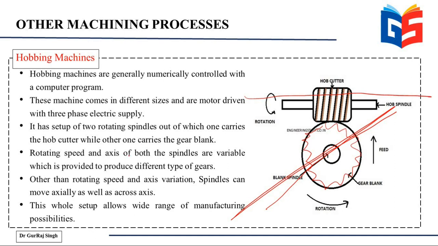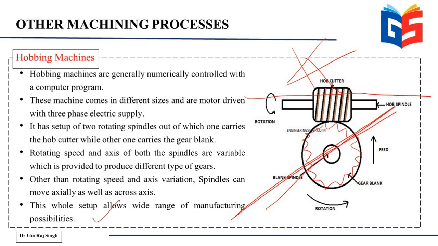The rotating speed and the axis of both spindles are variable, to produce different types of gears. So it does not always have to be 90 degrees. It can have different angles. Other than rotating speeds and axis variation, spindles can move axially as well as across the axis. This whole setup allows a wide range of manufacturing possibilities.